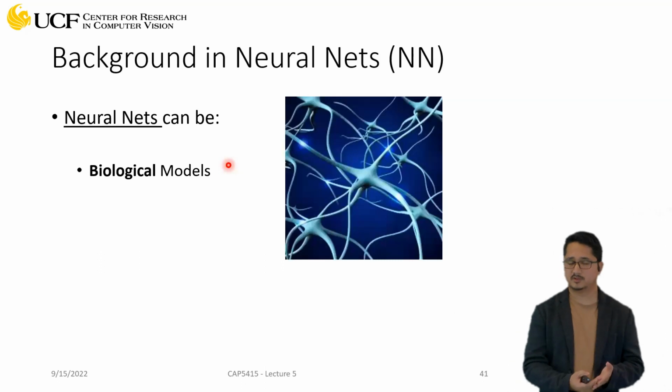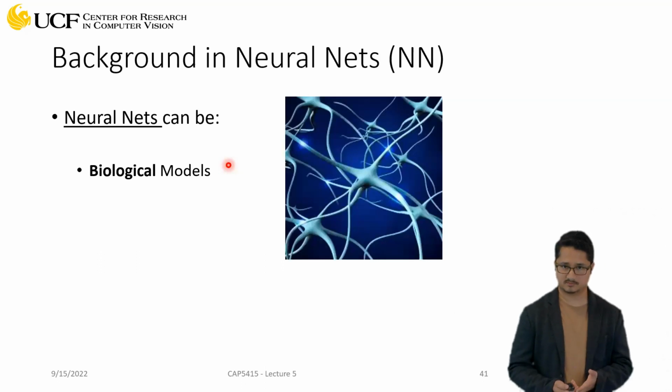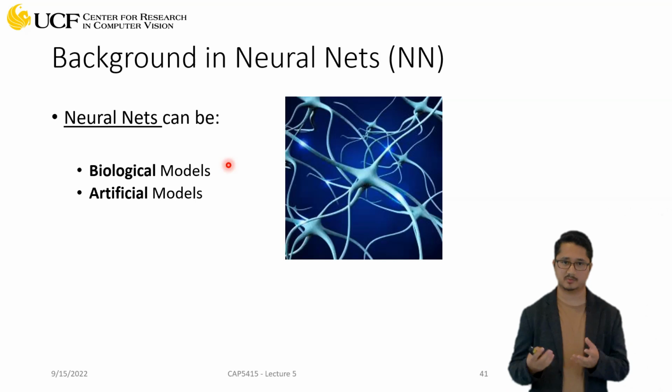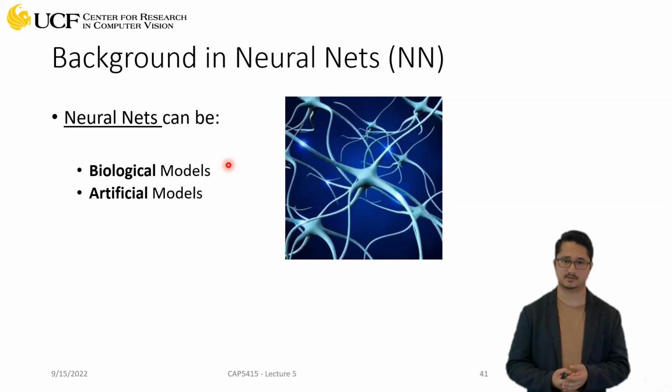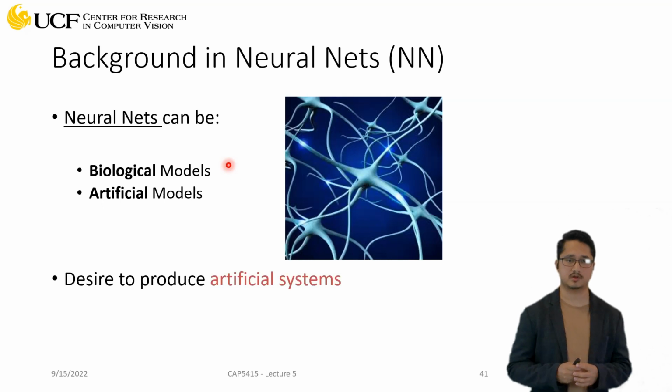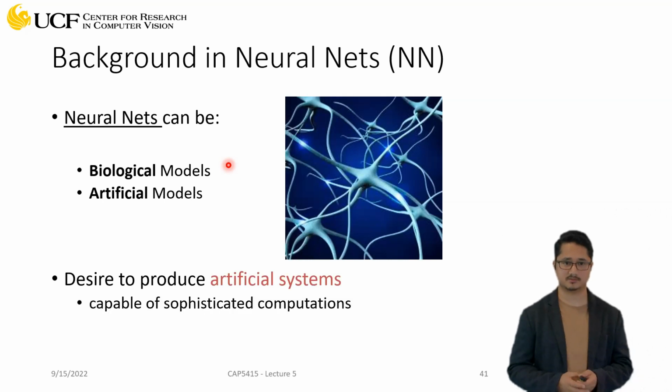Now, those were biological models. And if we try to connect multiple neurons, we try to create artificial models, and we try to connect these neurons together. We try to build these neural nets. So this is a simulation kind of environment, and it is also called an artificial system.